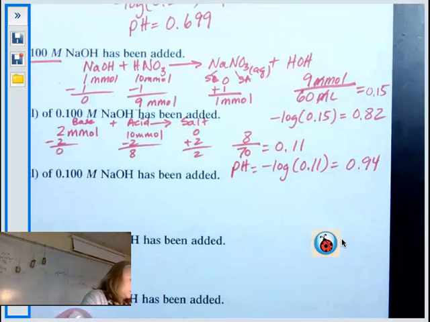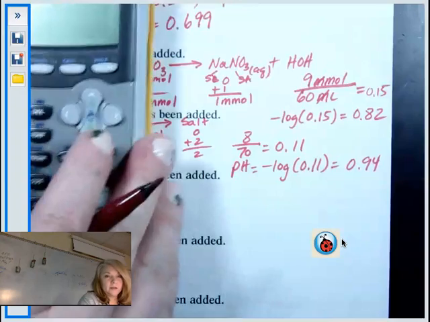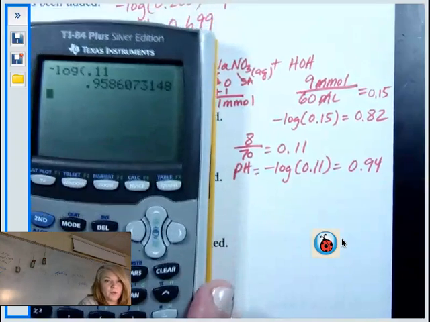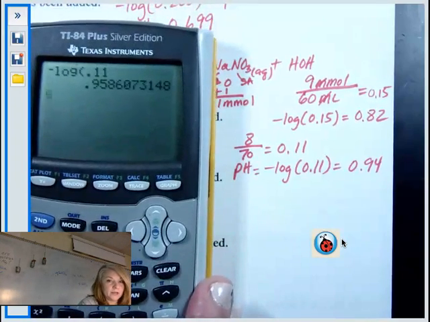Say again. 8 was how many millimoles you had, and 70 was your total volume in milliliters. So that gives you molarity, and that's what we always plug into the pH equation. It depends on how you punched it in your calculator. If you use the rounded number we wrote down on our paper, it's 0.96.